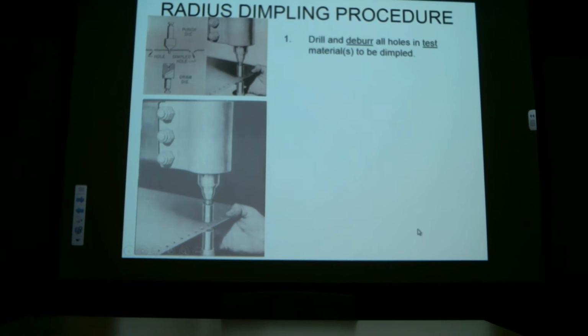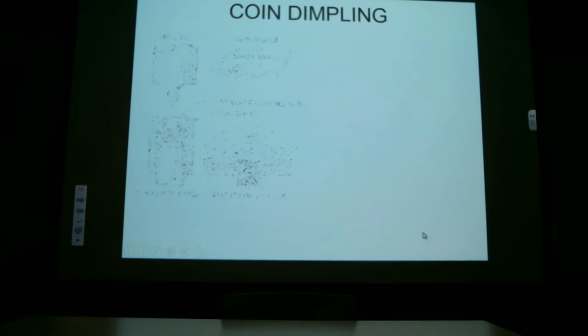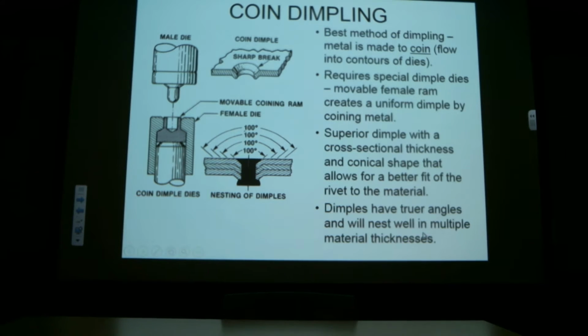Is it possible to over dimple a hole? How would you check for the depth of a dimple? With another rivet. And what are you looking for? Flush. Okay, the rivet head should be flush with the material.